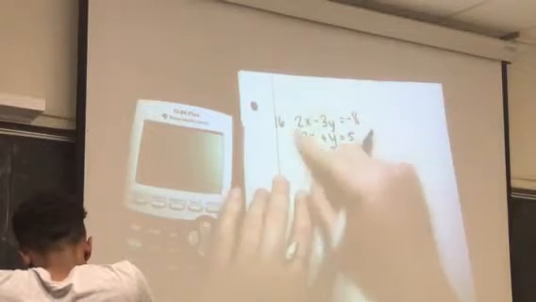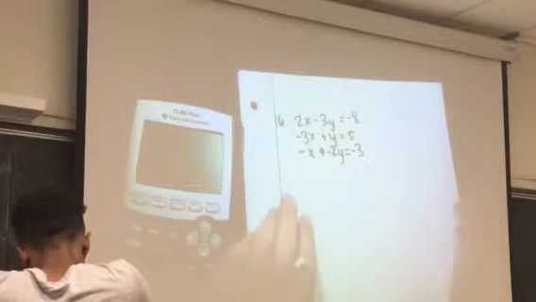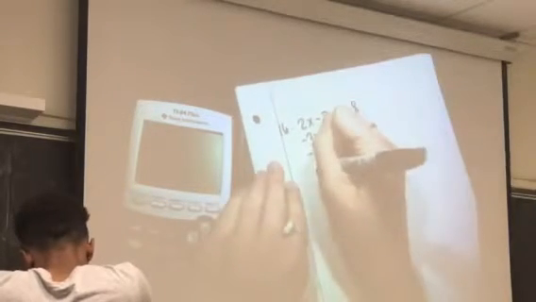Normally we only have 2 equations that we're working with, but this one has 3. That can be a little bit confusing, but we're still going to plug it in like we normally would.